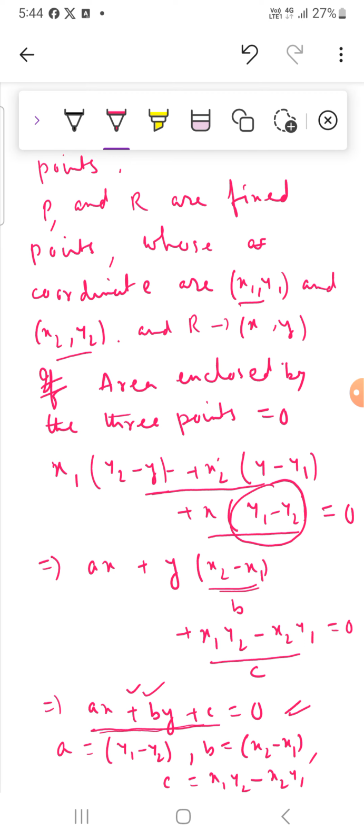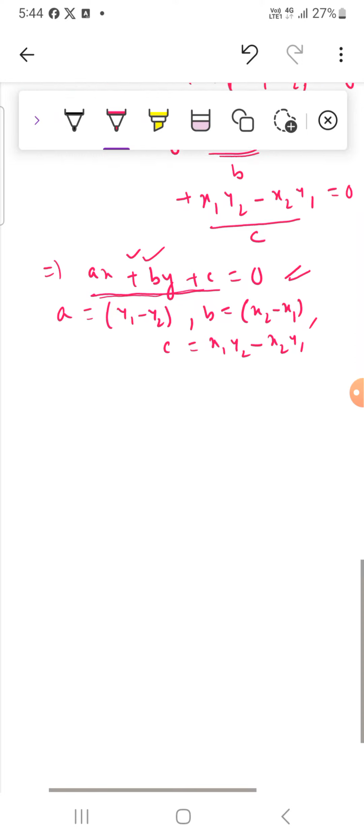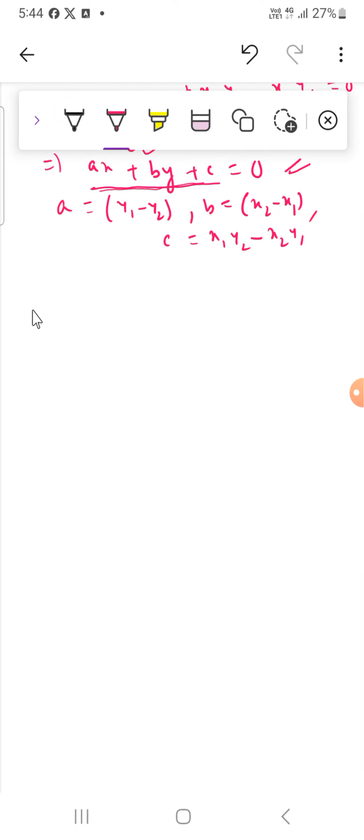Now we come to the concept of slope. What is a slope? Let's take the Cartesian plane again.